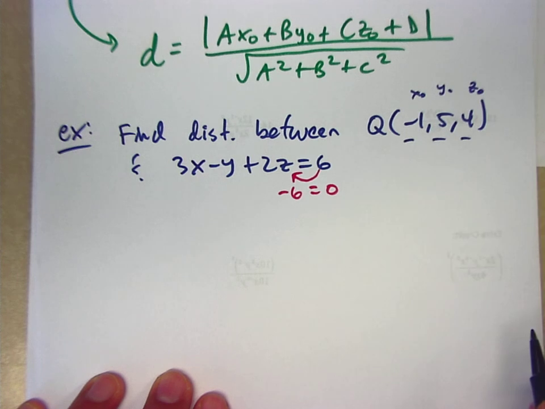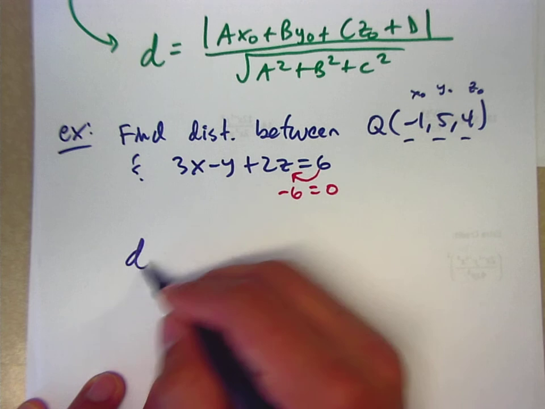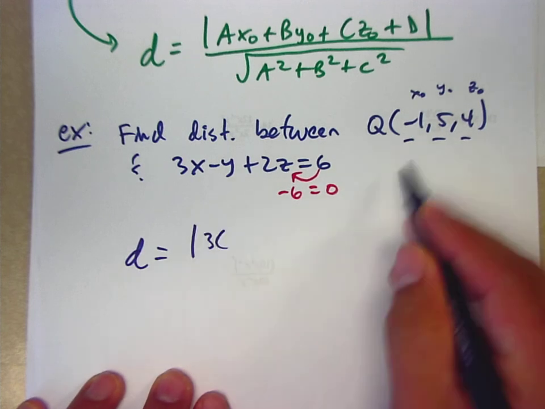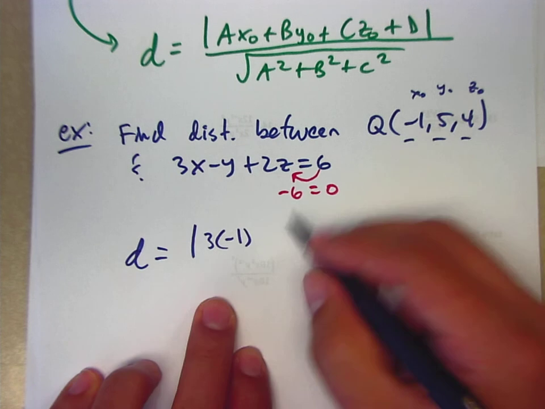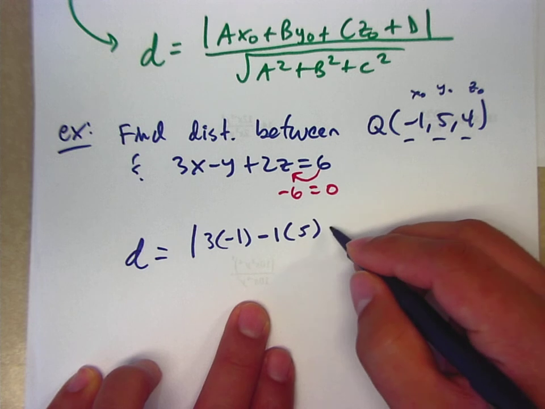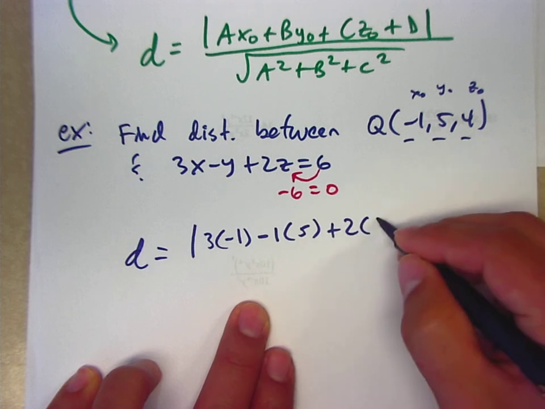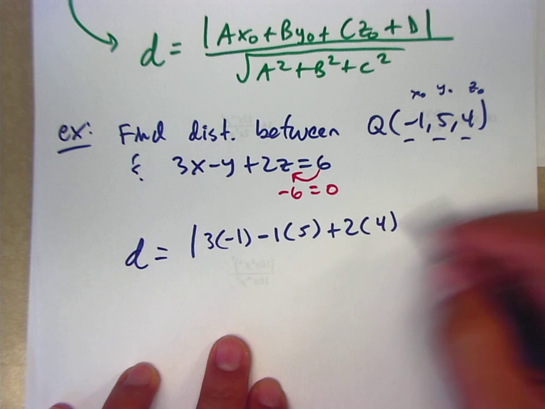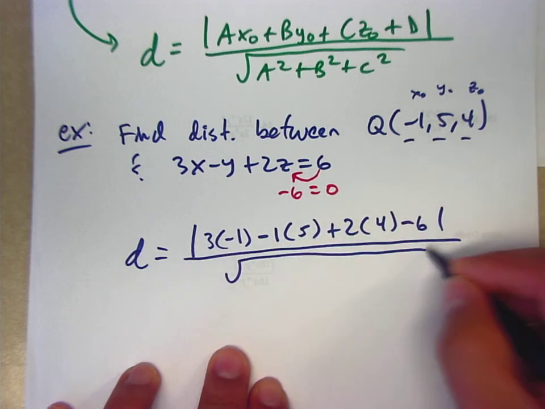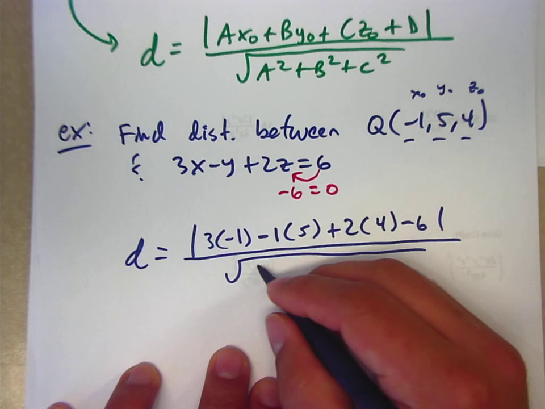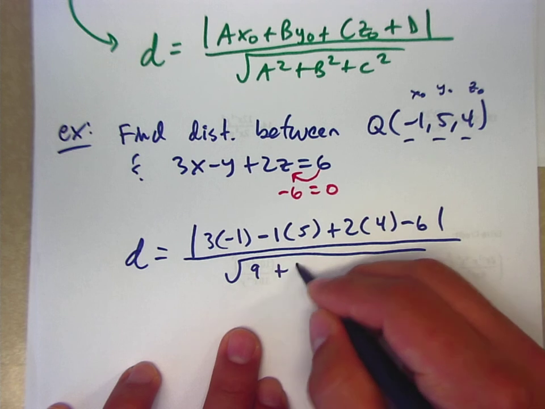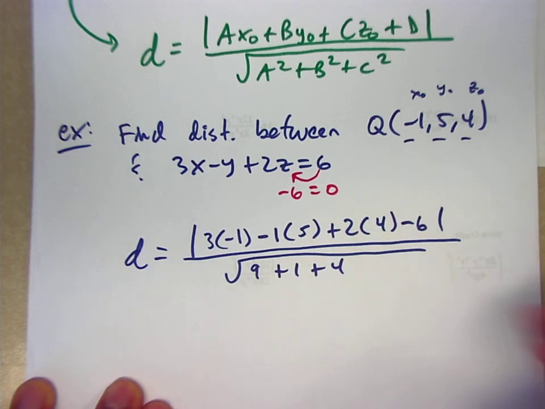Okay, so distance will just be the absolute value of 3 times -1 minus 1 times 5, and then plus 2 times the z coordinate, which is 4. And now again we subtracted 6, and now we do the square root of the sum of the coefficients squared, so that'll be 9 plus 1 plus 4. And so simplify.